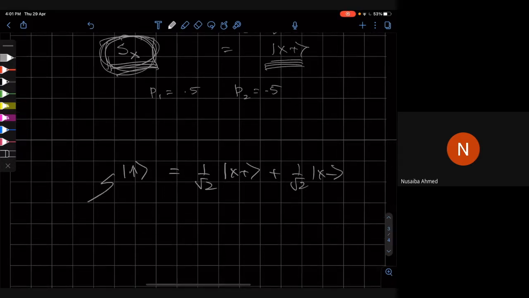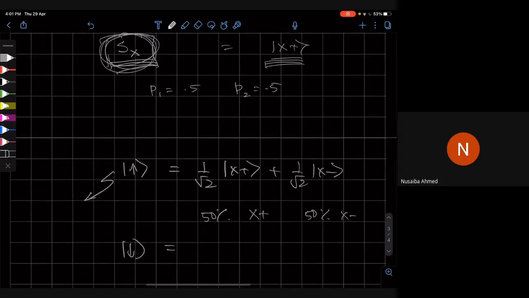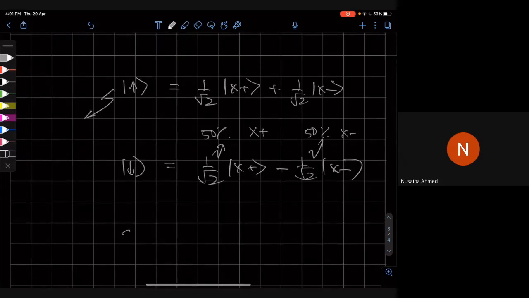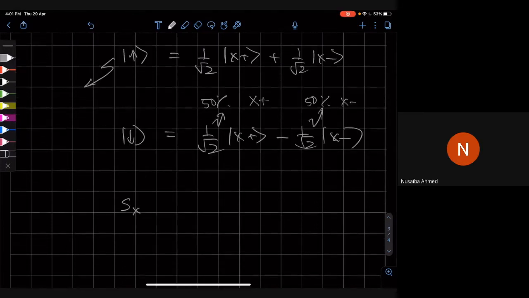So if this comes out, 50% of the time I get spin up in the SX basis, and 50% of the time I get spin down in the SX basis. Similarly, if this comes out, then this is the state in the X basis. Again, it's the same statistics. This is 50%, this is 50%. So in total, if I measure SX in this physical situation, I still get 50% spin up, 50% spin down.